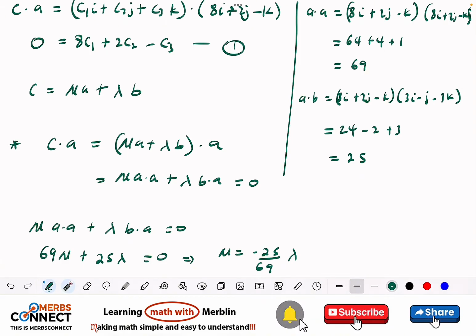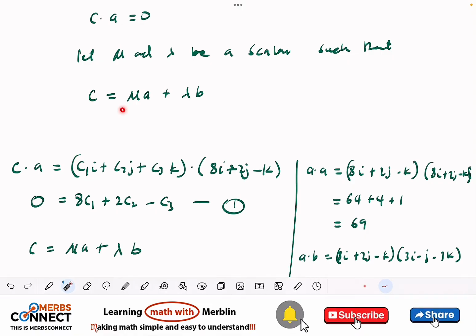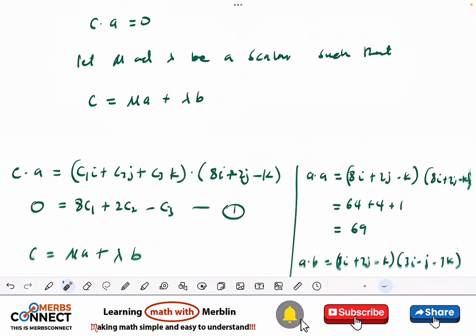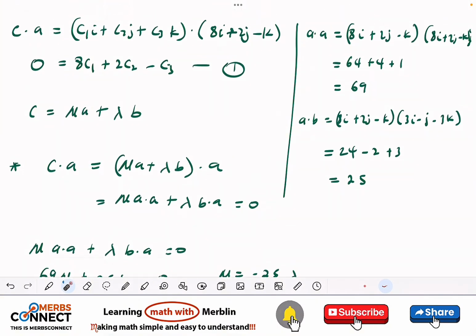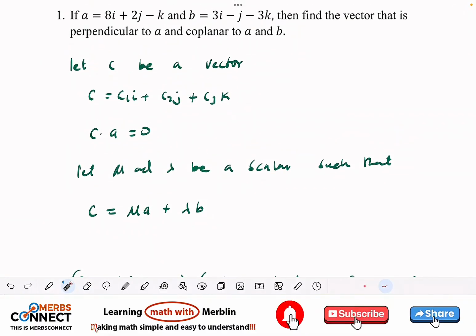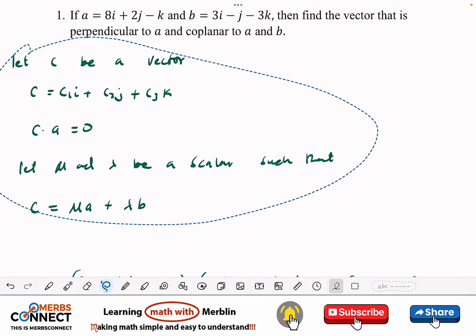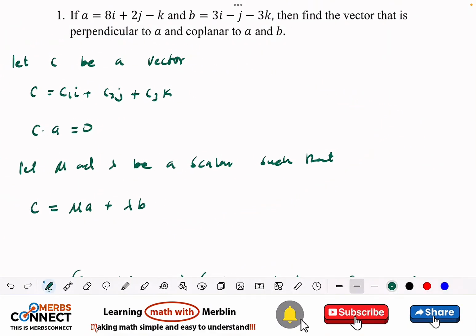So what can we do here? Now that we know mu, we can plug it inside C. So let's do that.